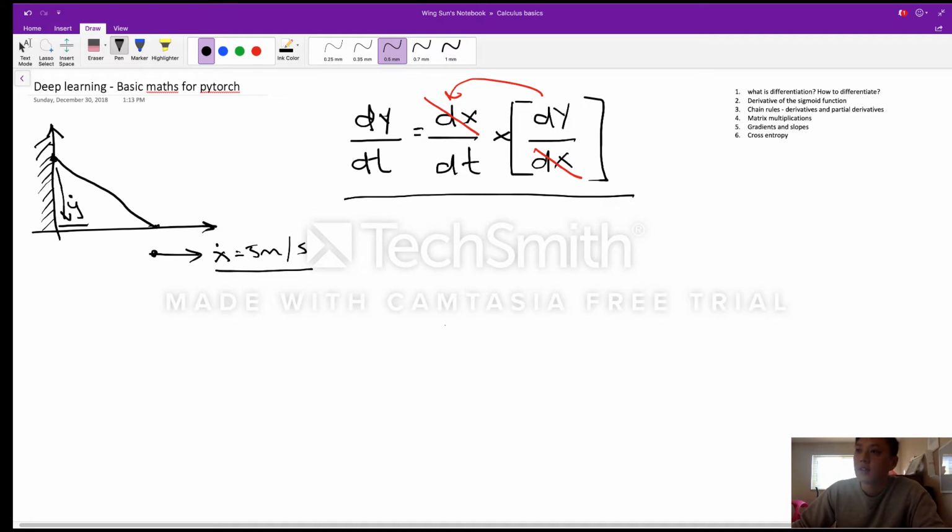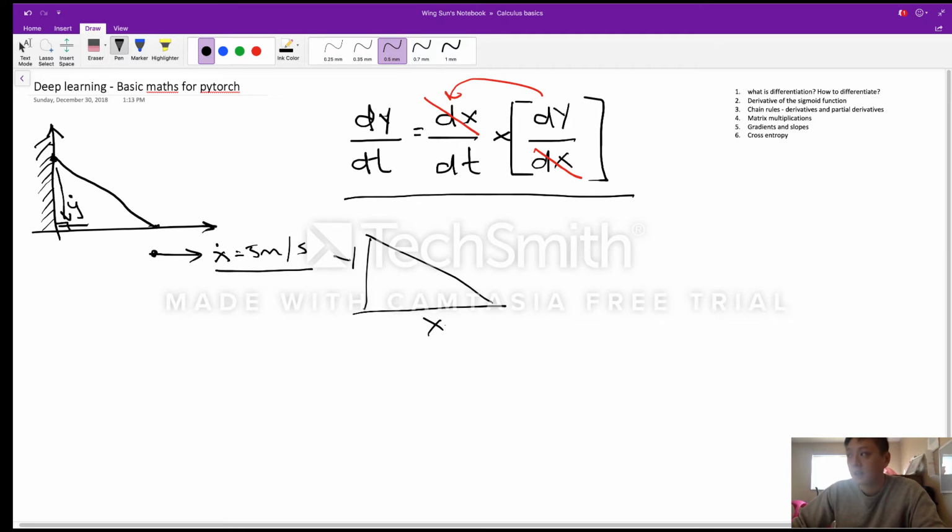Now if this is a straight stick, which I don't know why it wouldn't be, and this is a right angle, then this is actually a triangle problem. So you have y and you have x here. How can I relate y and x together?